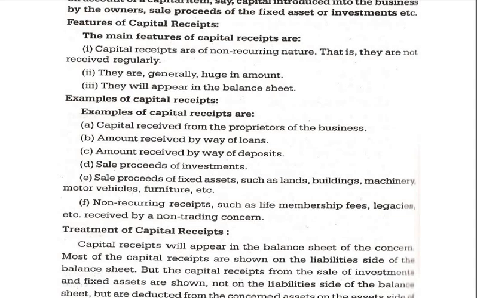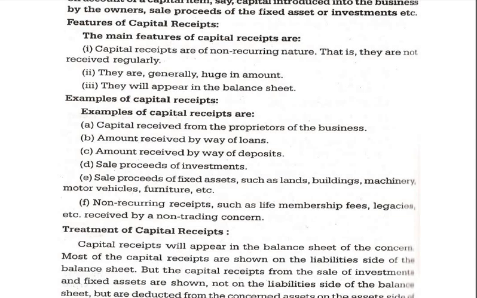Legacies. Legacies means the gift or donations received from a person under his will after his death. So that will be received after his death as per the will of the member. That is called legacy. That is also non-recurring in nature, and therefore that will not come to the income and expenditure account; rather it will be taken to the balance sheet.